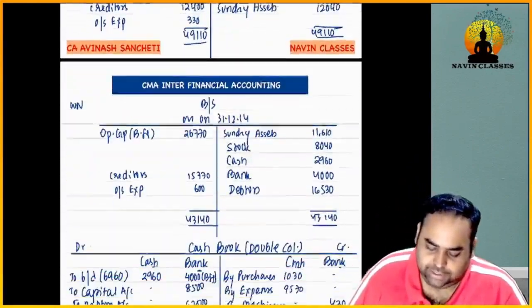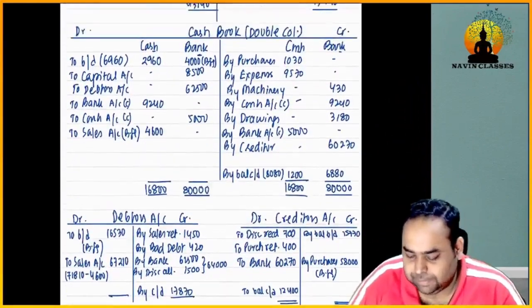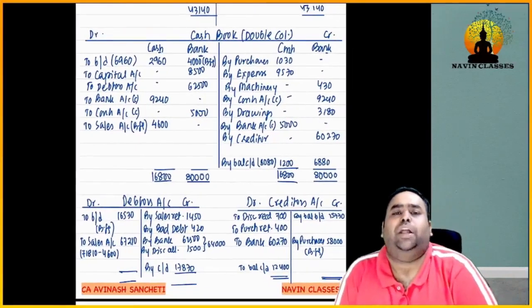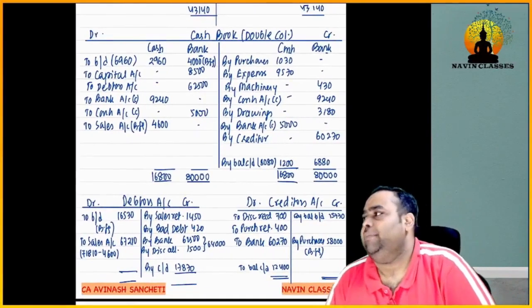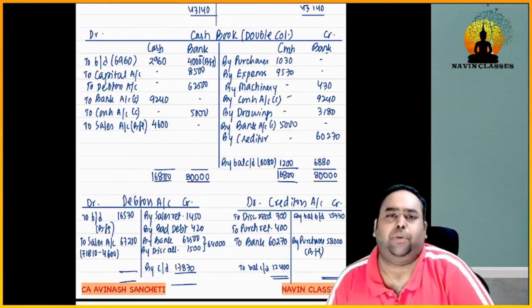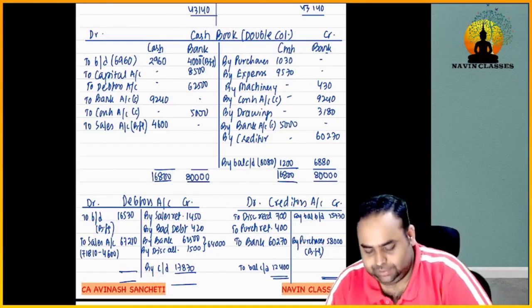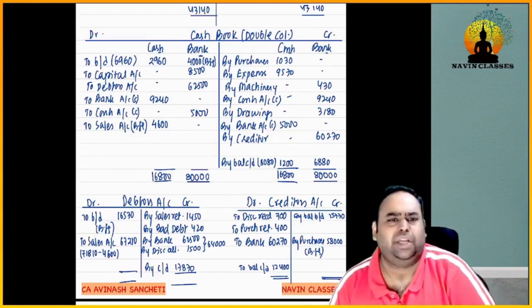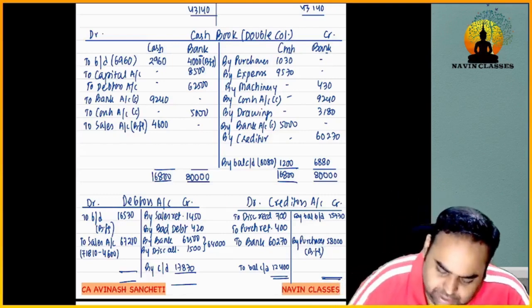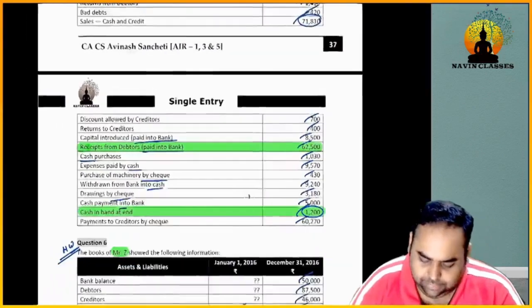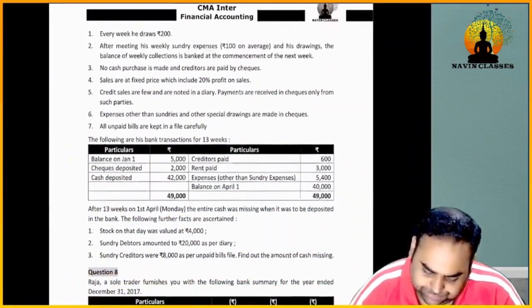Are you all done? The best part of this question was to make the cash and bank separately. Separating these made it possible to properly segregate all the transactions and create accounts effectively. It's done. Let's move ahead. We can proceed further. Fifth is done. Sixth is done.